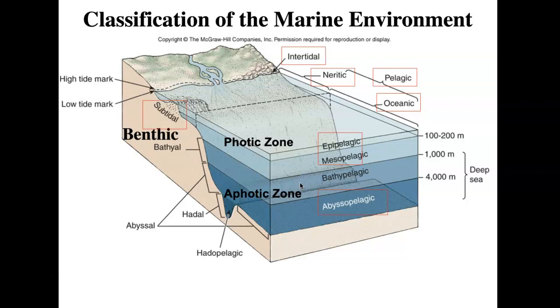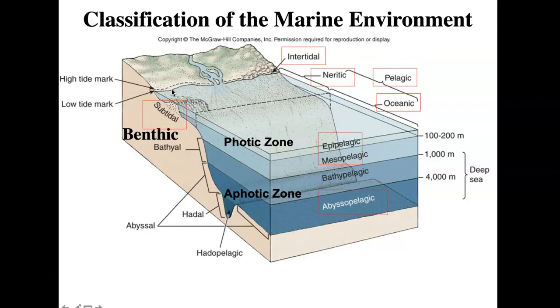Some of these terms I've tried to highlight with boxes in red. These are the terms that are most important for you to know for lecture purposes. I want you to know, one, what the intertidal zone is. The intertidal zone is the zone between the high tide mark and the low tide mark.